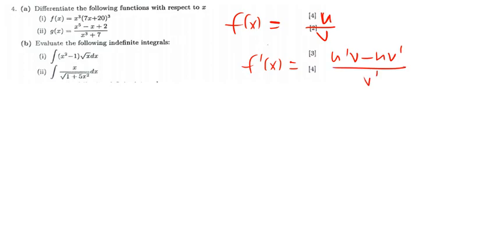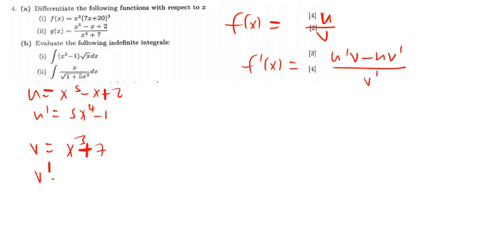In that case, our u is what is on top, and our u prime is 5x to the power 4 minus 1. Our v is x to the power 3 plus 7. Our v prime is 3x to the power 2.